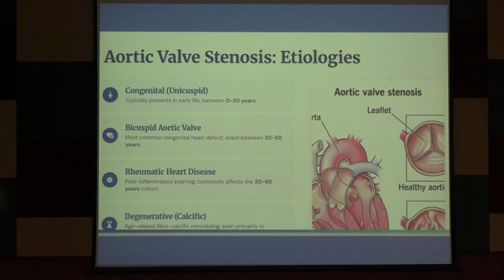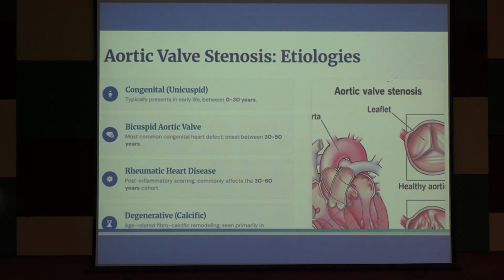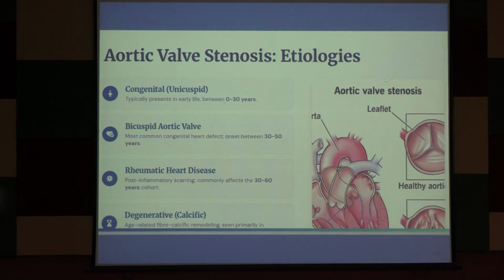Now, from the etiologic point of view, aortic stenosis is the most common valvular heart disease in the adult population with chronic valvular disease, especially over the age of 50, and there is a male preponderance.